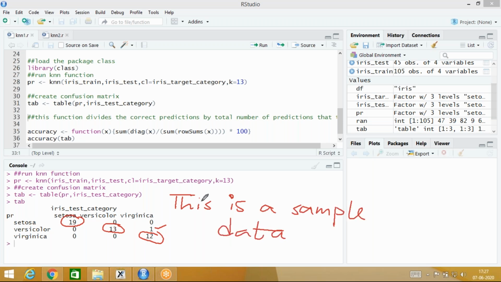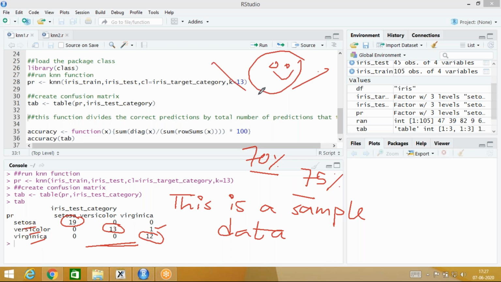In your real life you will never get this kind of accuracy. You will get 70%, 75% accuracy when there are more than 2 categories. If you get 70-75% accuracy, you should jump like this. So you will never get this kind of accuracy. It's just to show.